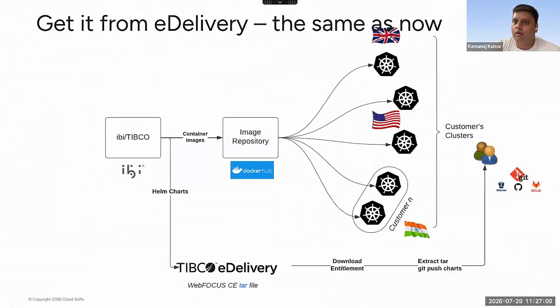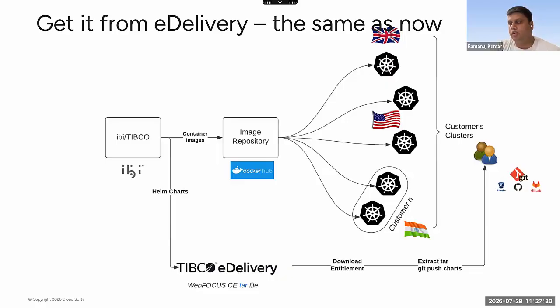And same way, we have also pushed the Helm charts to the Docker Hub. Currently, the way we are using, we are getting the WebFOCUS tar from eDelivery. When you extract the tar, you get all the Helm charts. But those charts are also pushed to the Docker Hub.